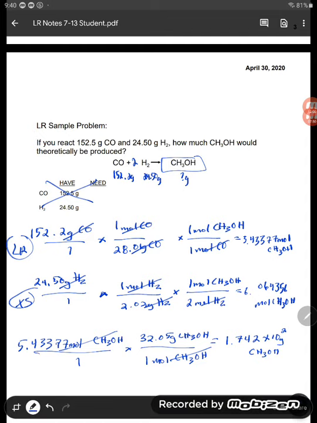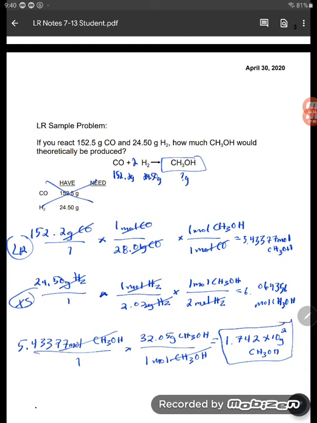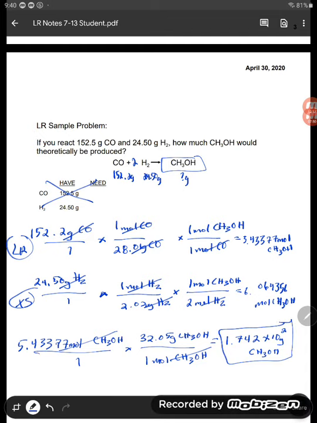I'm going to go ahead and enter that in one more time just to be sure. 152.2 times 32.05 divided by 28.01. And that would be our final answer here. So slight difference in the decimal. It's just all going to depend on where you round that final answer. I'm not sure actually where I'm getting that slight decimal difference, but the setup is good.